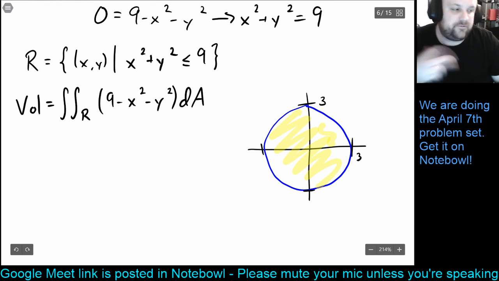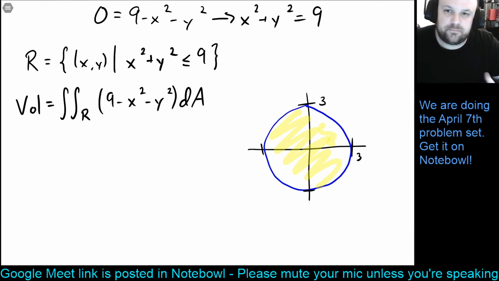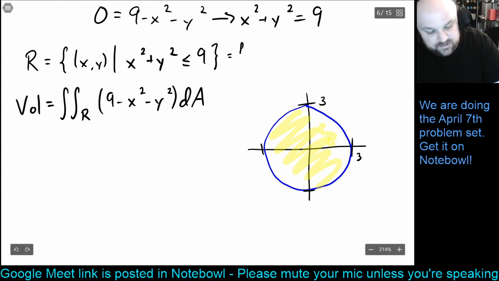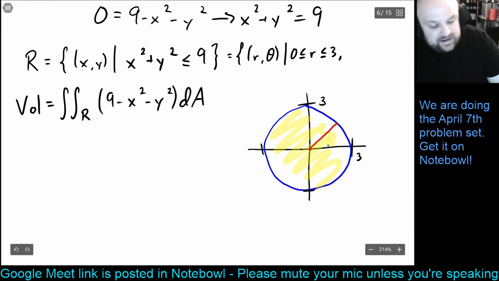And if we switch this integral to polar coordinates, if we re-describe this region here in polar coordinates, it becomes a lot easier, right? r goes all the way from 0 to 3. And theta is allowed to go all the way around this disk.